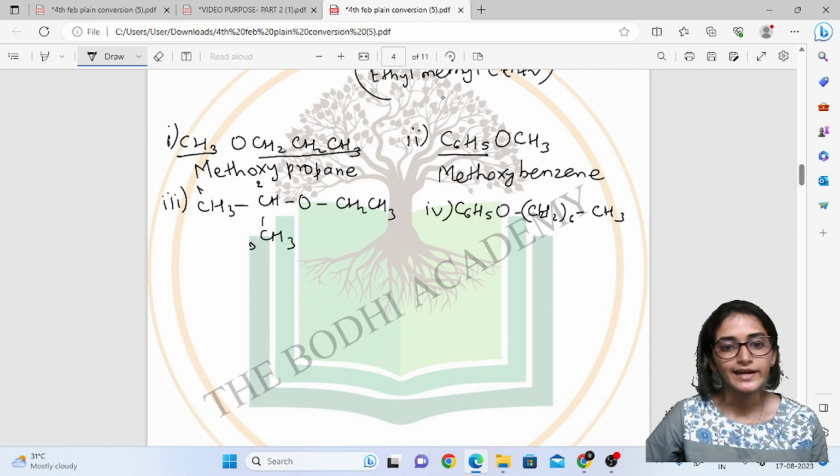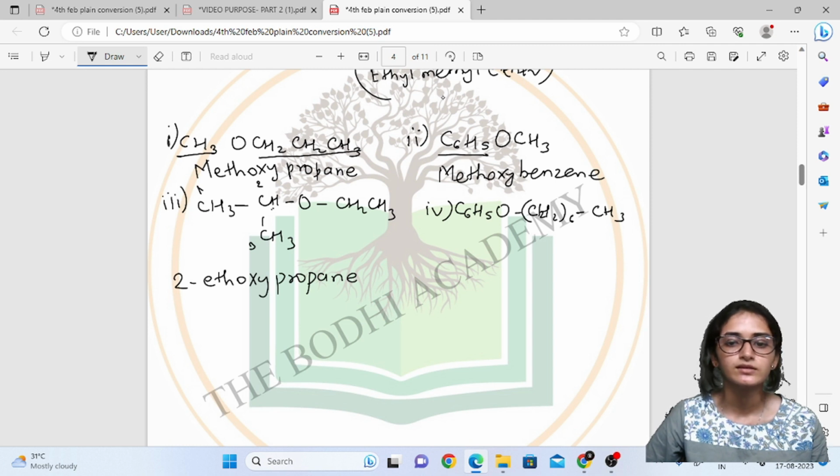To this second carbon, the ethoxy group is attached. So the name will be 2-ethoxypropane, since this ethoxy group is attached to the second carbon. Because we consider this as the main chain, we have to number the chain.